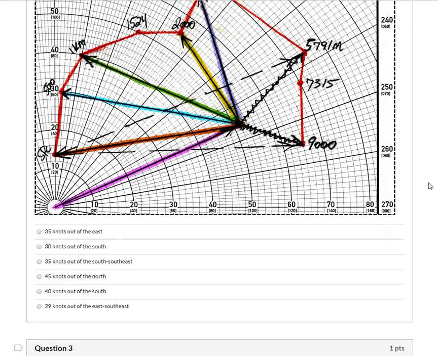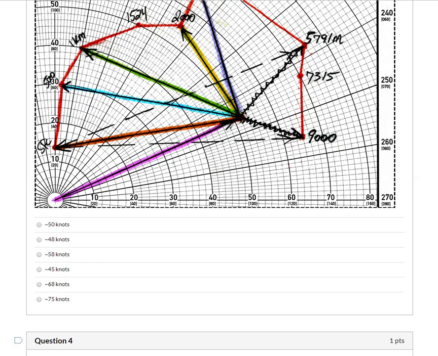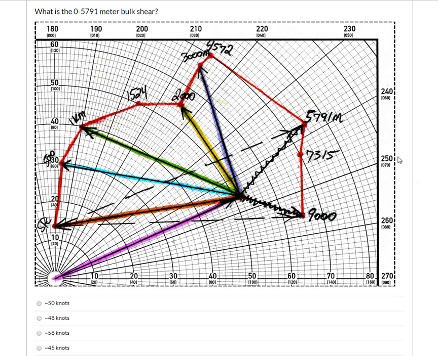Alrighty? So let's go down to: what is the 0 through 5791 meter bulk shear? Just in knots. You can see your answer options down here. Here's the surface. These dashed lines are your bulk shear vectors. So there's the 0 through 5791 bulk shear vector. This would be the 0 through 9,000 meter, 9 kilometer bulk shear vector right here.